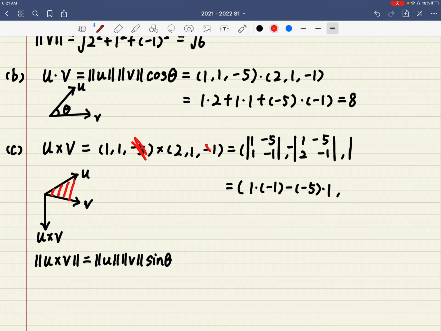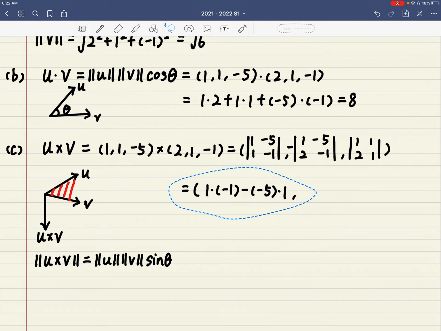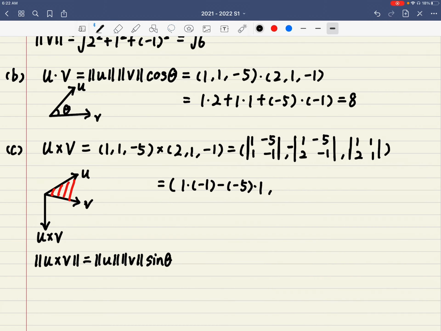So let's write down. For the second component, it's negative. Again, it's this diagonal's product minus this diagonal's product. So it's 1 times -1 minus -5 times 2.